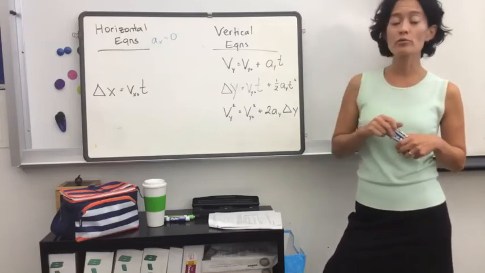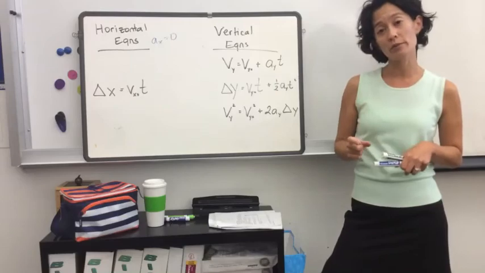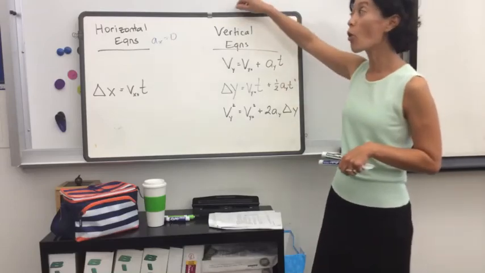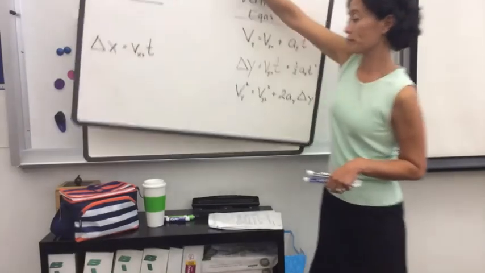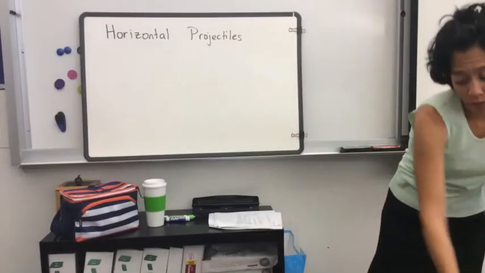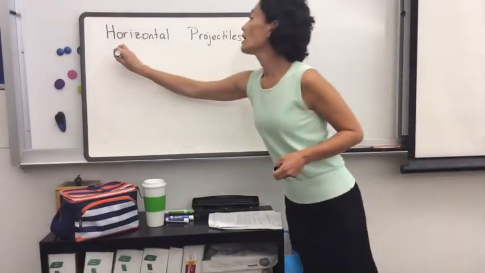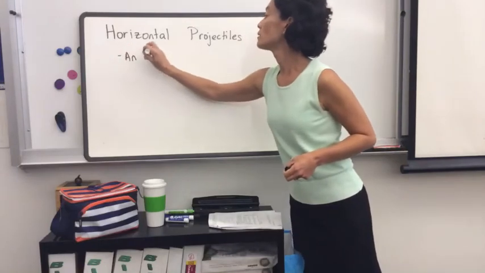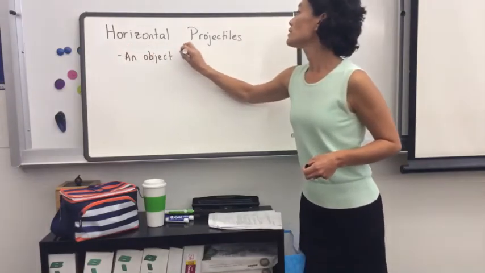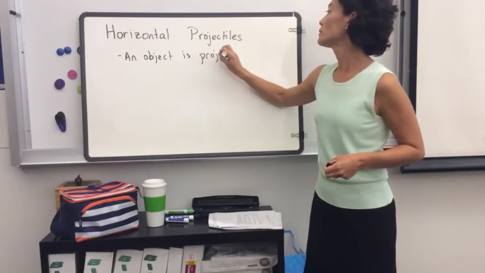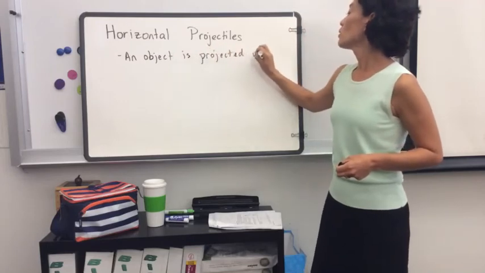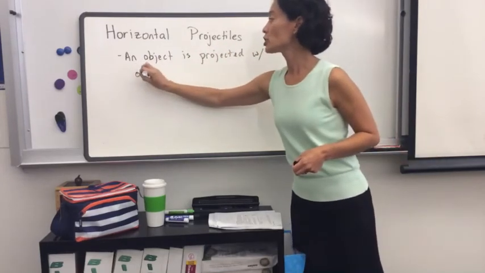What we're going to do now is focus in on one particular type of projectile motion, and that is called the horizontal projectile. For horizontal projectiles, effectively, this is saying you have an object that is projected with only an initial x velocity.